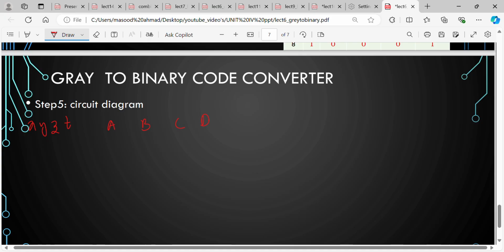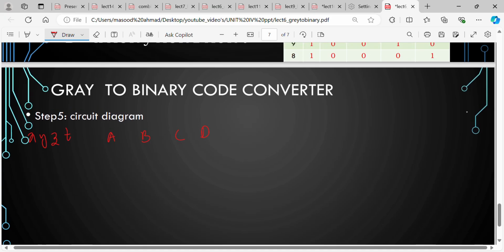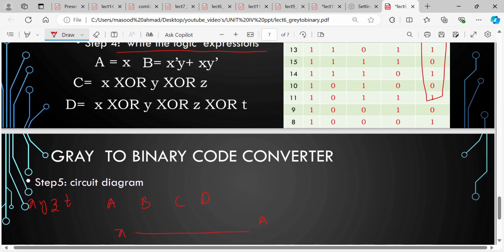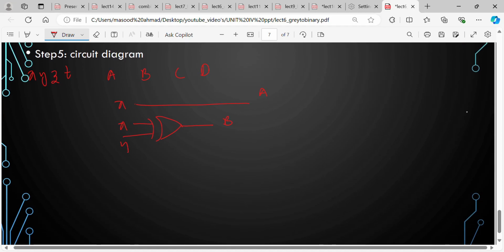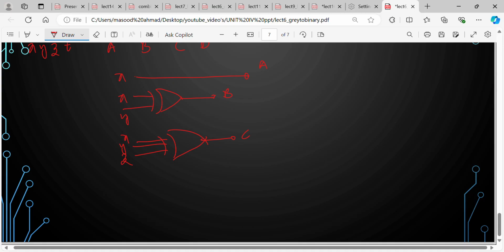So for example, if you want to get A, you take X, that itself is A. Now if you want B, you take X input and Y input, give them to the XOR gate, then you will get your B. If you want C, then you take a 3 input XOR gate, and give it X, Y, Z, then you are going to get your C. Okay, I got A, B, C. What is D?